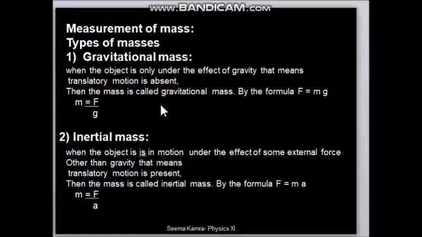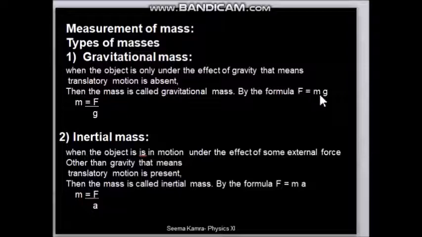So you can take this example. We know that weight is the gravitational force by earth on any object. So weight formula is mg, and weight is force also.